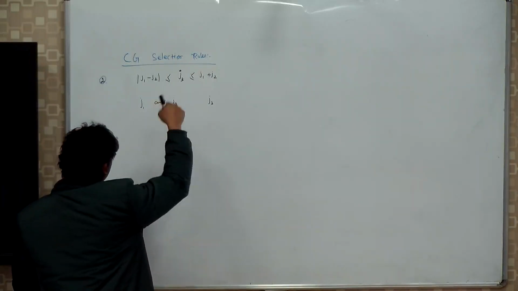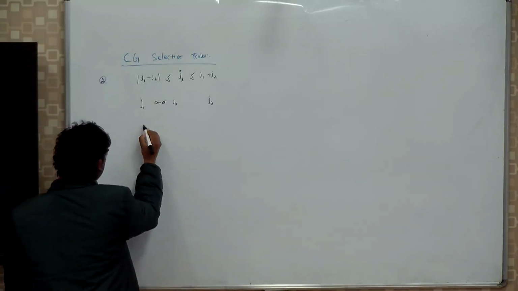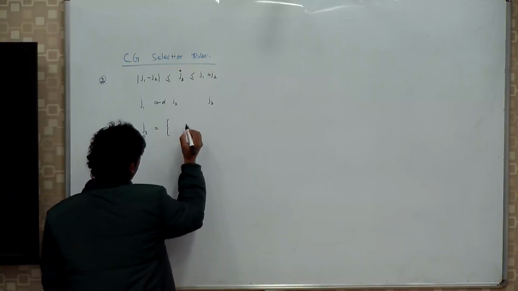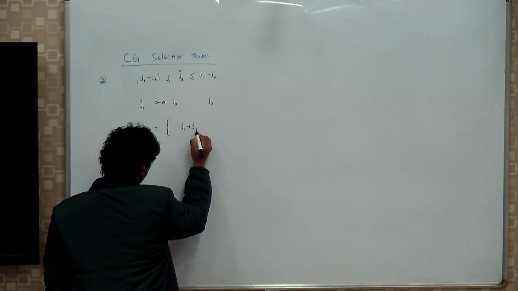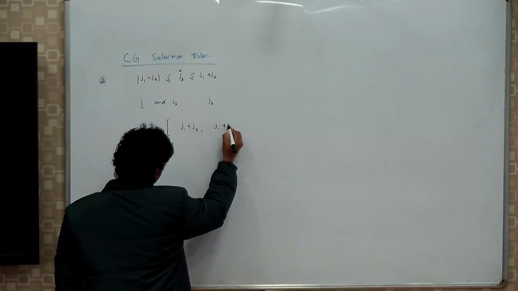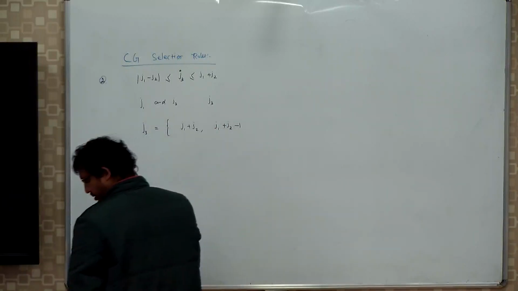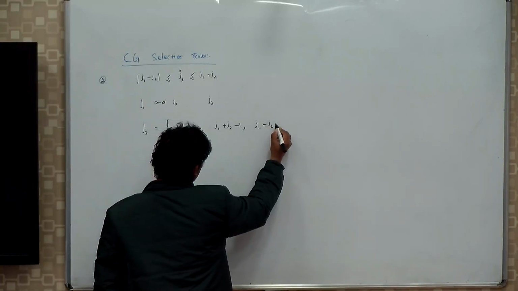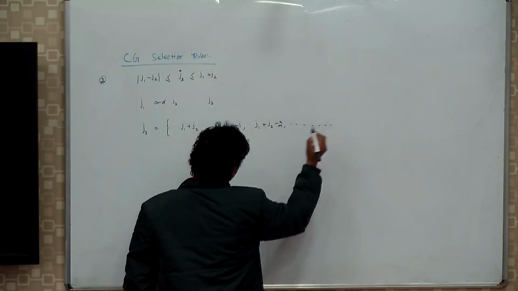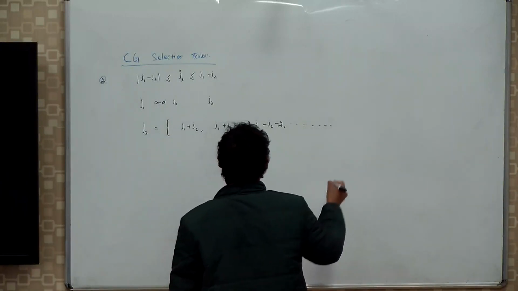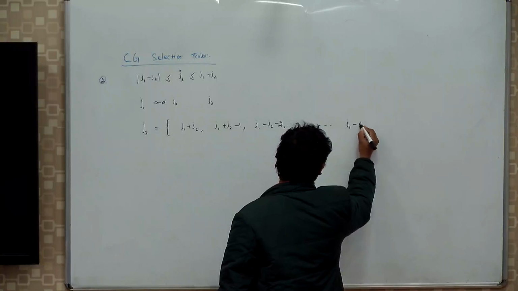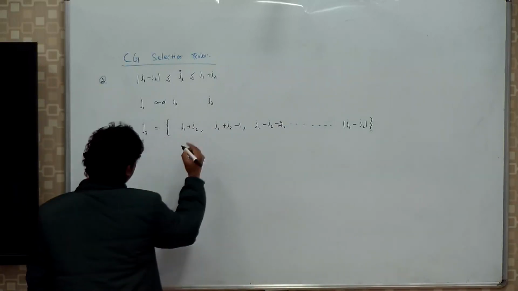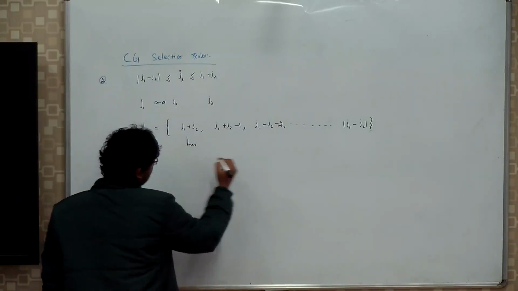J3 is a set of values that goes from J1 plus J2, then J1 plus J2 minus 1, then J1 plus J2 minus 2, and so on until it reaches J1 minus J2. We can take the first as J maximum and the last as J minimum.